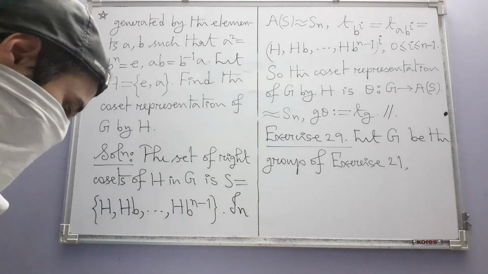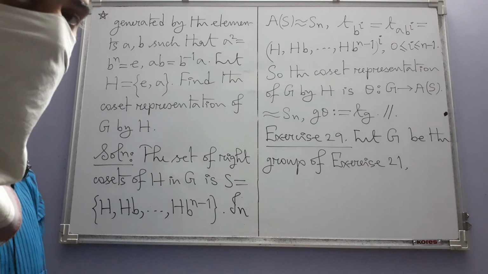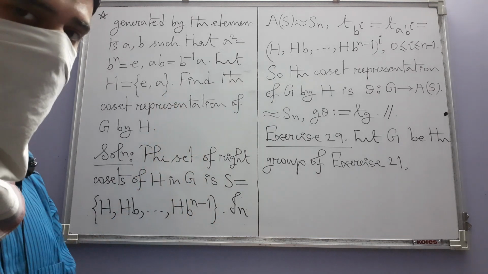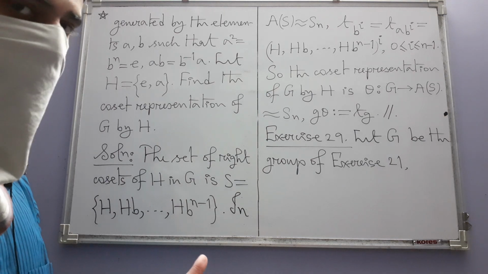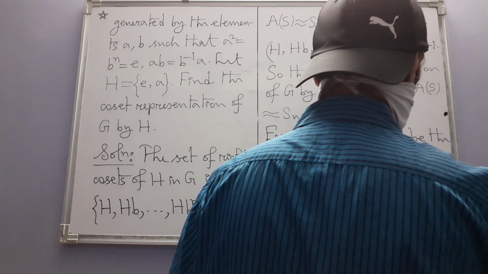It is that group of quaternion units, thus E, theta, A, B, C, theta A, theta B, theta C, that 8th order non-abelian group.